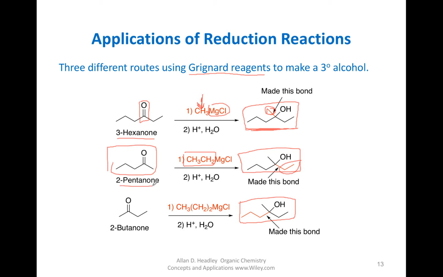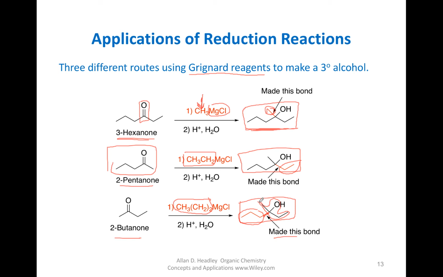This is 2-pentanone, this is 3-hexanone. Different ketone, different organometallic. A third possibility is to make this bond right here. In that case, you're going to need three carbons. So your Grignard must have three carbons, which means your ketone will look like this, 2-butanone, which is essentially right here. So again, think carefully.